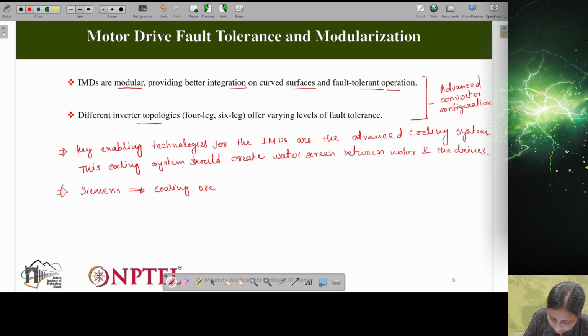The cooling operates as a water screen between the motor and drives.